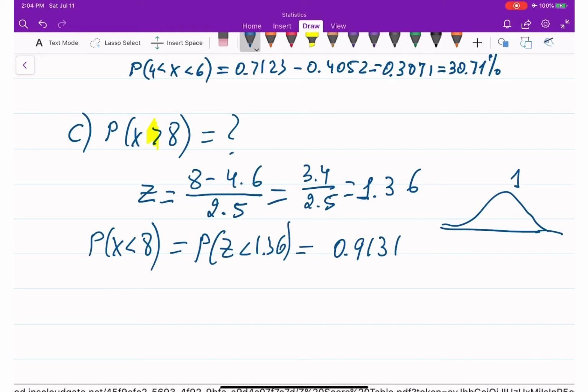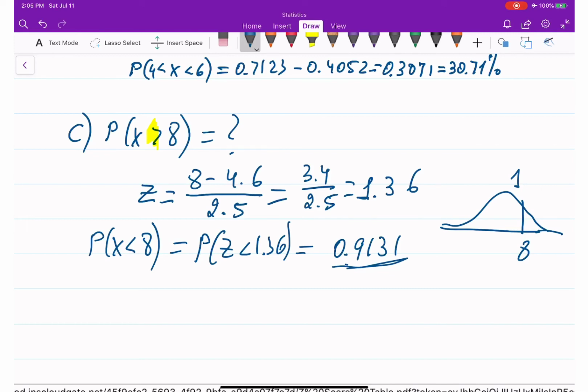So if x is 8, we got less than 8. Oh, it's 0.91, so of course it's going to be much more than that. Let me see, this is going to be 8, because I'm seeing here 0.9131, it's a 91%, so it's going to be way close to the end.